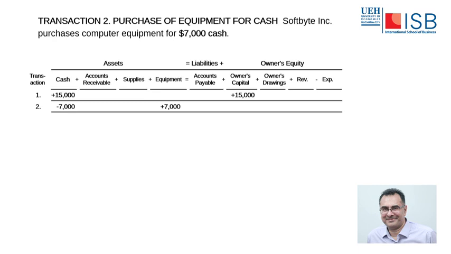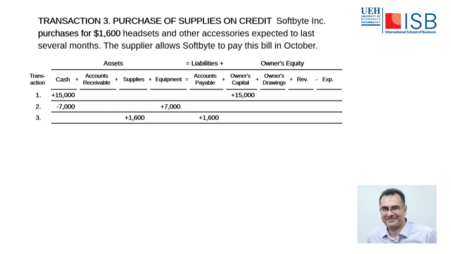Let's move on to transaction number 3. The company decided to purchase supplies on credit. Credit is to be understood as buying something today and paying it tomorrow.